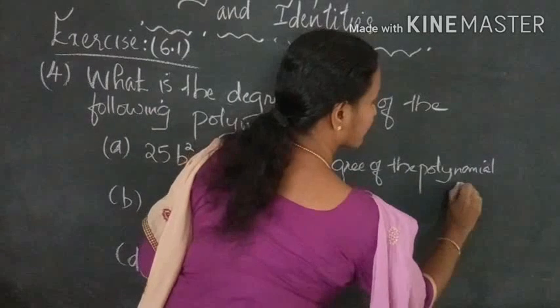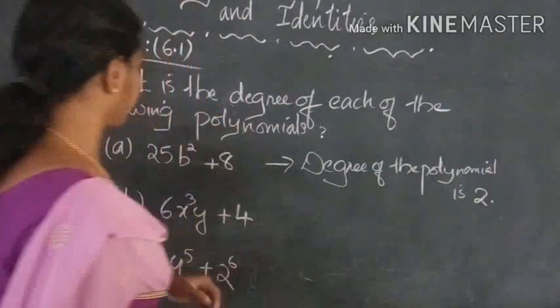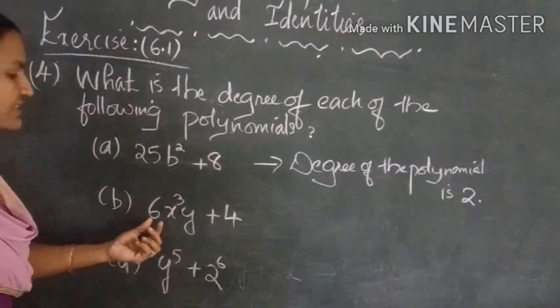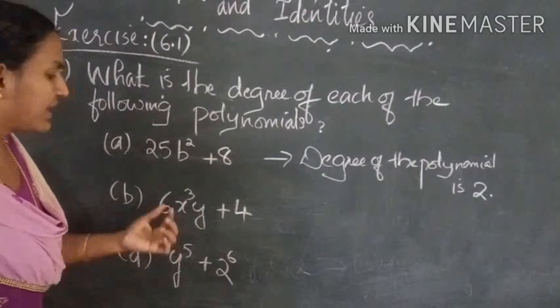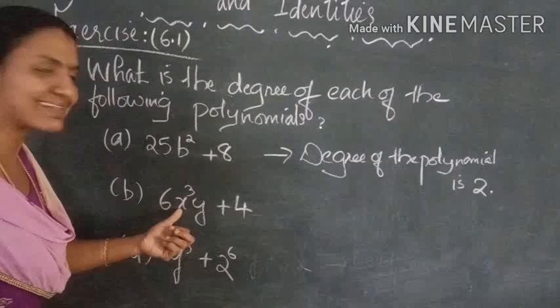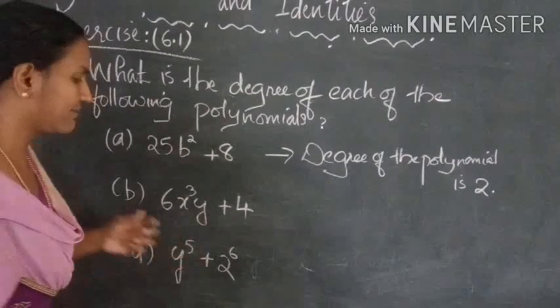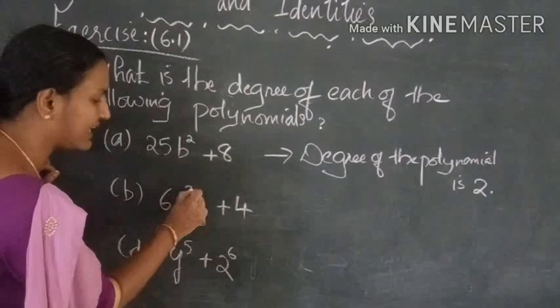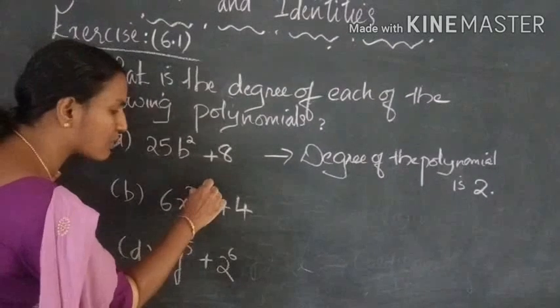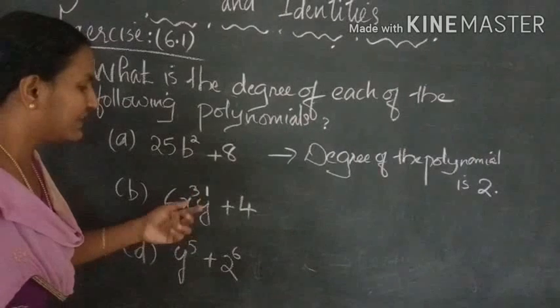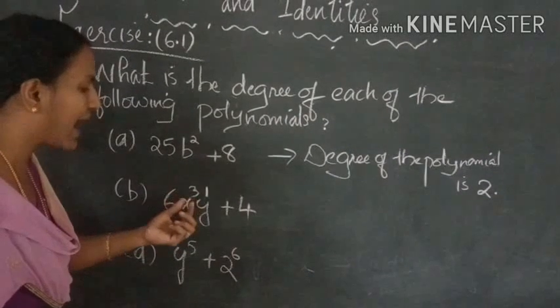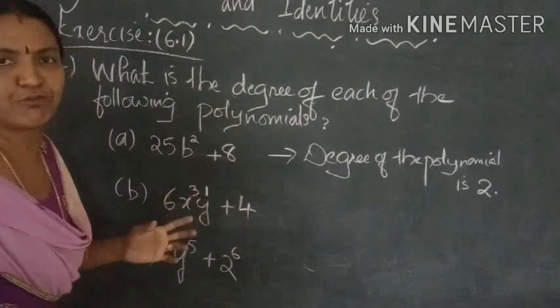The second option, 6x cube y plus 4. Here the variables are x and y. The power of x is 3 and the power of y is 1. So for the degree of the polynomial, you have to add the powers of the variables.